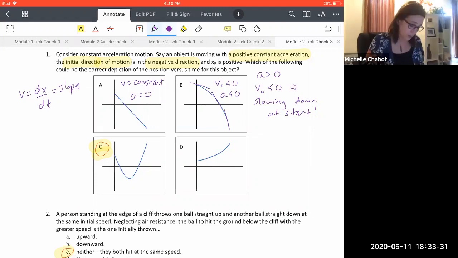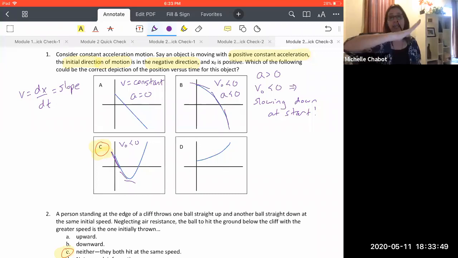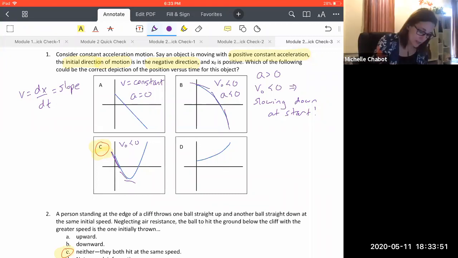C does fit, as we know. If we look at C, the initial slope is negative, so we know that v naught is less than 0, and it's shallowing out. So the slope is becoming more shallow, and eventually it actually comes to an instantaneous stop. So it is slowing down, which means that our acceleration is opposite our initial velocity.